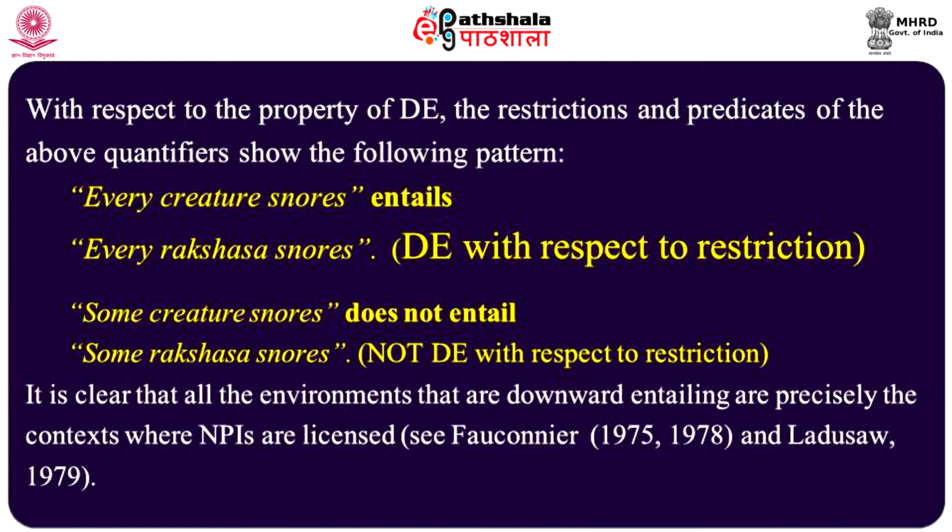NPI is bad in both cases of some. For example, in the case of restriction, some creature snores does not entail some Rakshasa snores. And in the case of predicate, some Rakshasa snores does not entail some Rakshasa snores loudly.